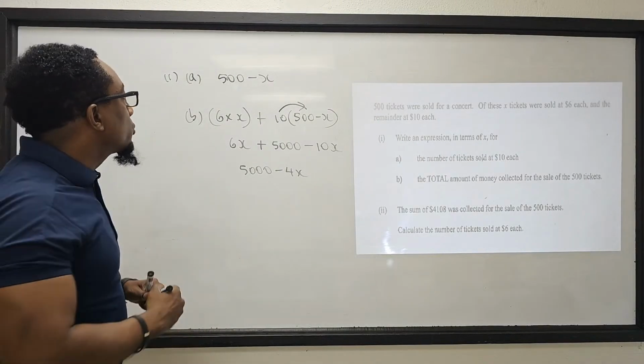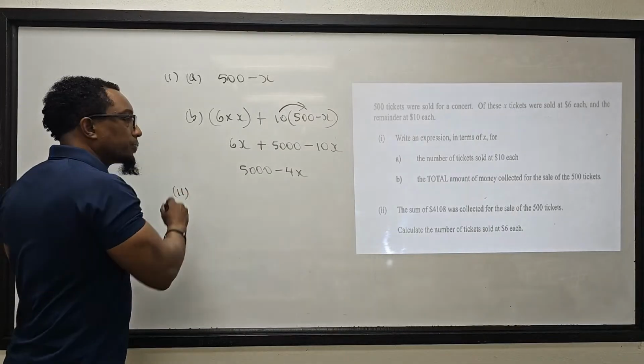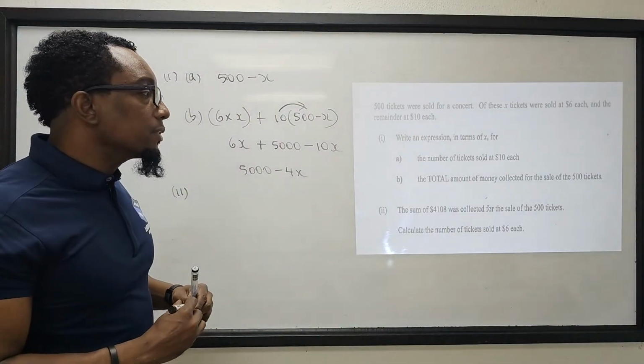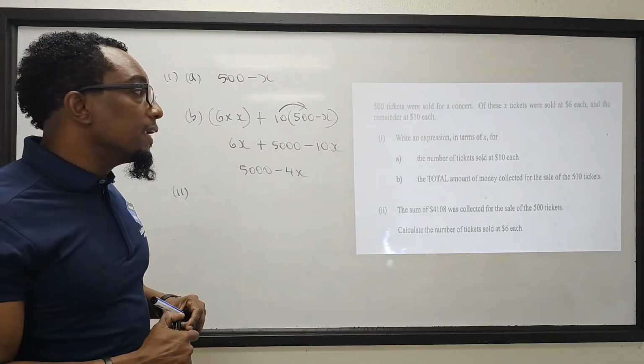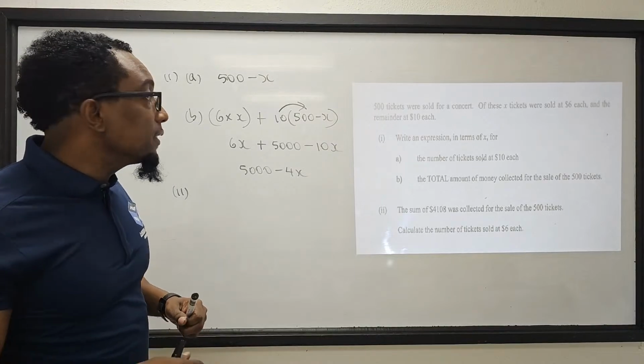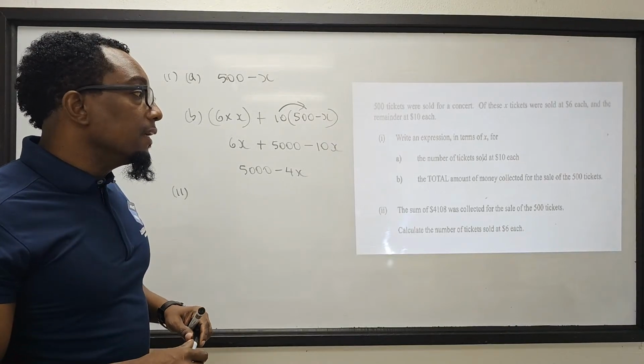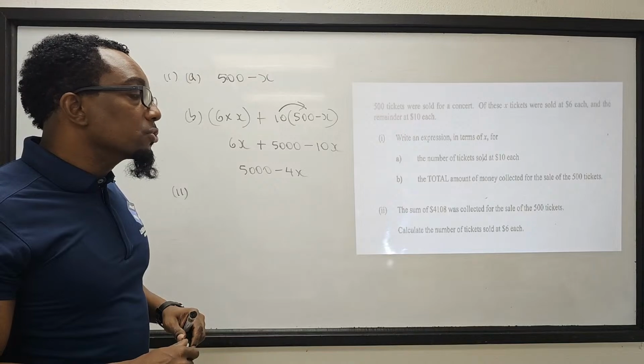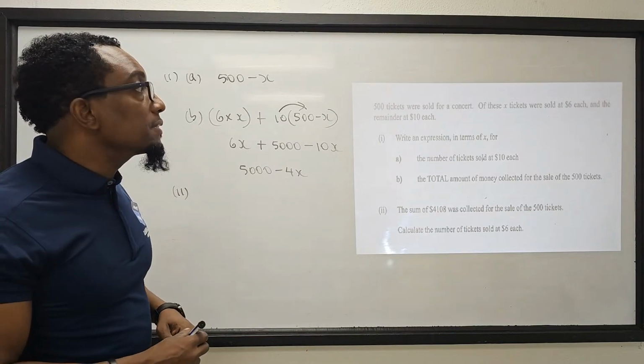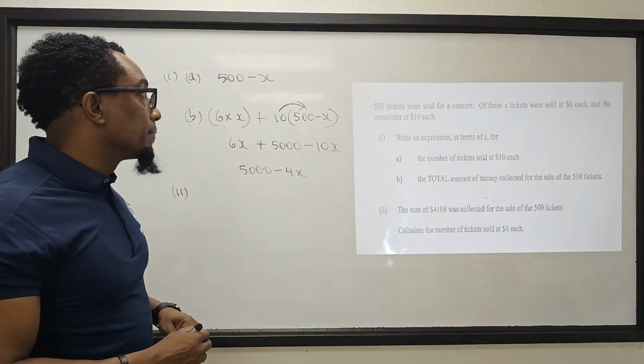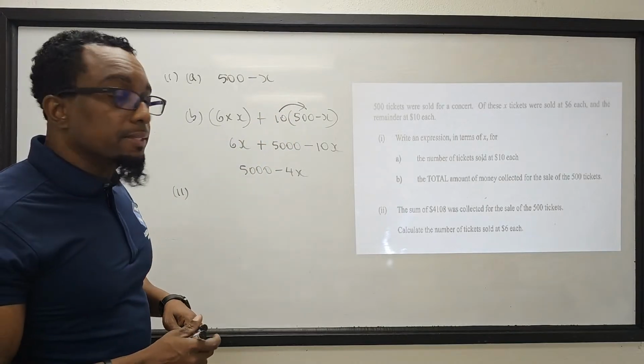Then we have part 2. The sum of $4,108 was collected for the sale of the 500 tickets. Calculate the number of tickets sold at $6 each, which is to find x, because $6 each will be x tickets.